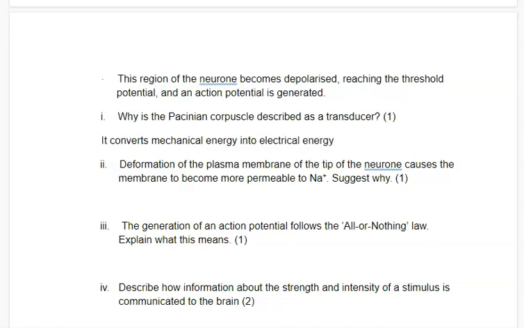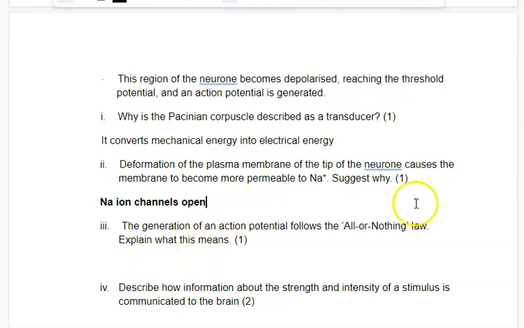So deformation of the plasma membrane at the tip of the neuron causes the membrane to become more permeable to sodium ions. Suggest why? Basically because the channels will now start to open. So we are going to have sodium ion channels open.